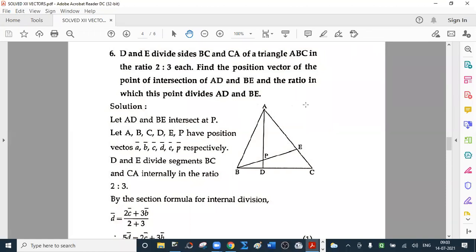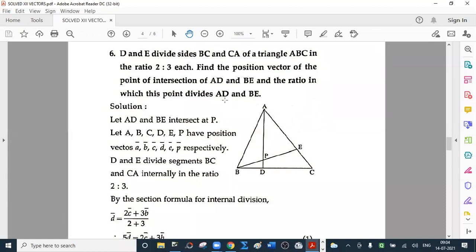D and E divide sides BC and CA of a triangle ABC in the ratio 2:3 each. Find the position vector of the point of intersection of AD and BE and the ratio in which this point divides AD and BE.